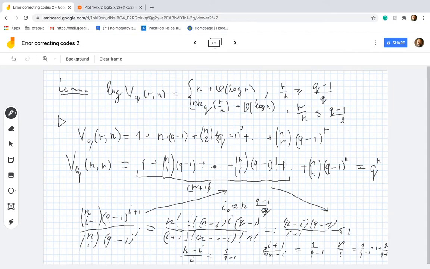Now let's go back to the statement of our lemma. So the largest term has this index.